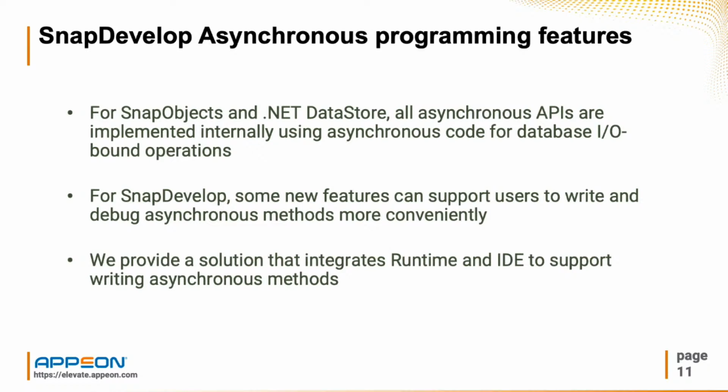For SnapDevelop, we have incorporated new features that can support coding and debugging asynchronous methods more conveniently directly into the IDE. We also provide a solution that integrates Runtime and IDE in order to support writing asynchronous methods more easily.